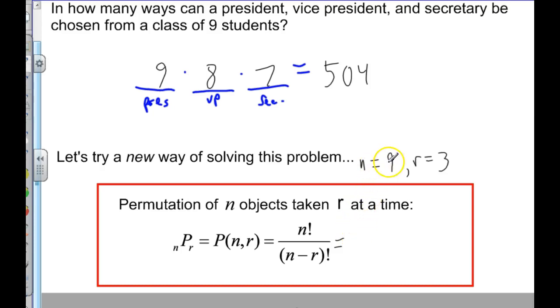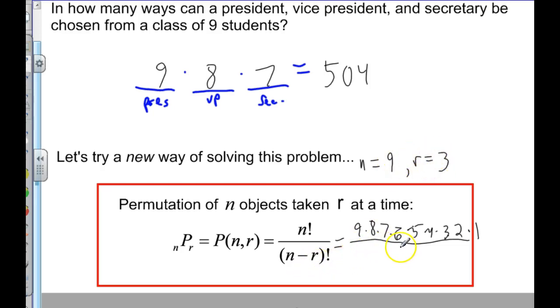So n would be 9, so this would be 9 factorial. The way to write 9 factorial is 9 times 8 times 7 times 6 times 5 times 4 times 3 times 2 times 1. And then the denominator is going to be n minus r. Well, n minus r is 9 minus 3, which is 6.